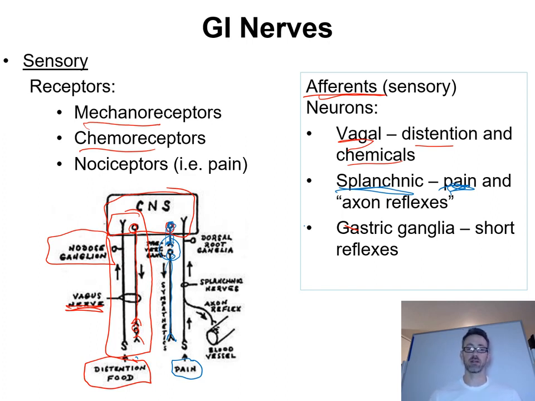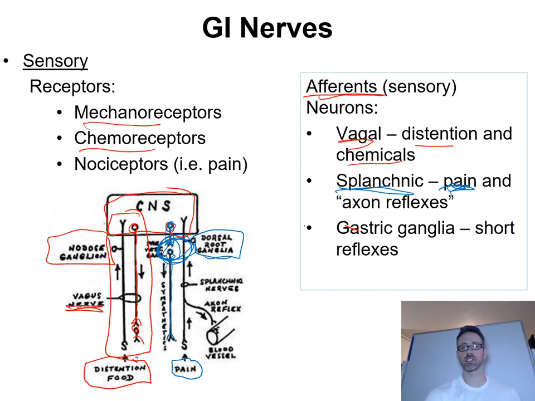The pain sensation coming from the GI going to the spinal cord travels in a reverse direction via those splanchnic nerves. So it's going to pass through that same ganglia over here. I'll just draw it out a little bit wider. It's going to pass through that same ganglia, and then as it passes straight through, its cell body is actually located in the dorsal root ganglia close to the spinal cord itself.